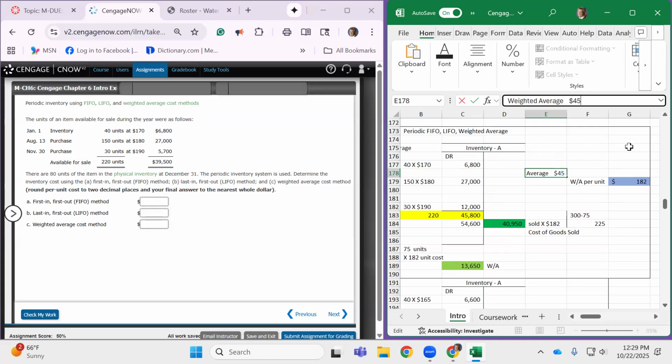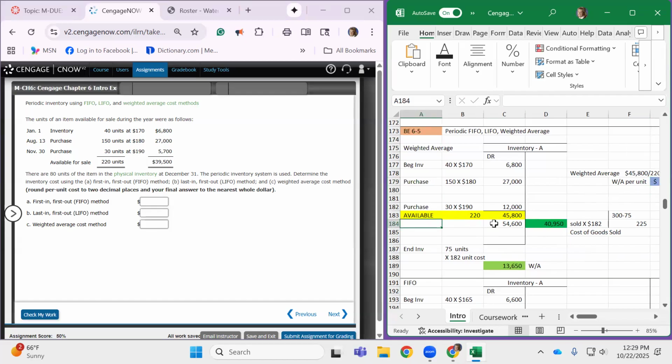You take 45,800 and divide by the number of items you have, 220. That weighted average, and I've got to put that in here, 45,800 divided by 220 should be 208. Let me double check. 45,800 divided by 220.